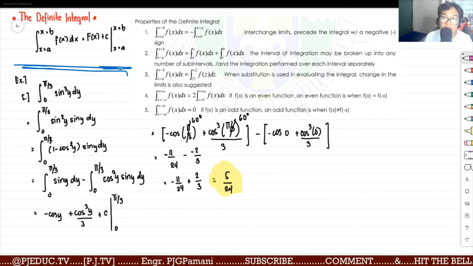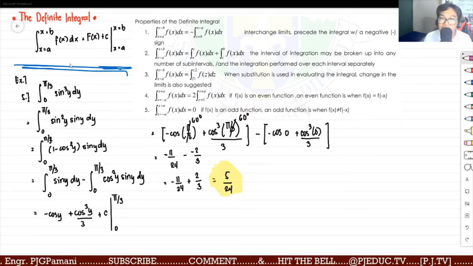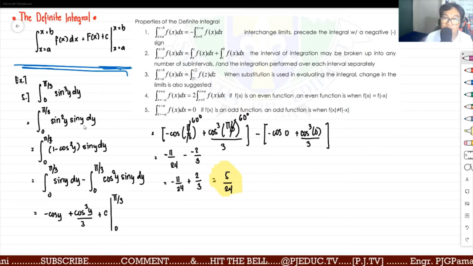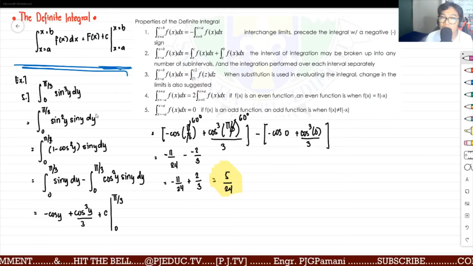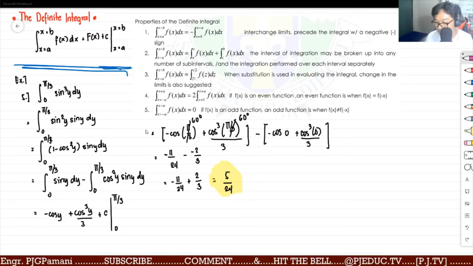Again, if you're given a trigonometric function problem involving a definite integral, evaluate it first in terms of your integral formulas, starting with the power formula up to inverse trigonometric, down to rational fractions. Then apply the upper and lower limit. Subtract the lower limit from the upper limit.